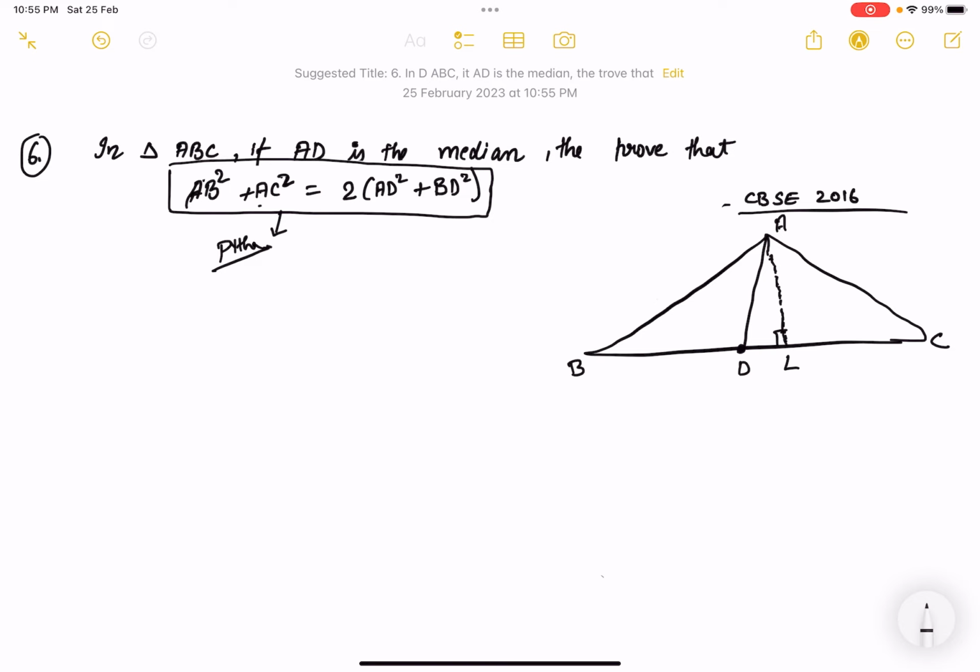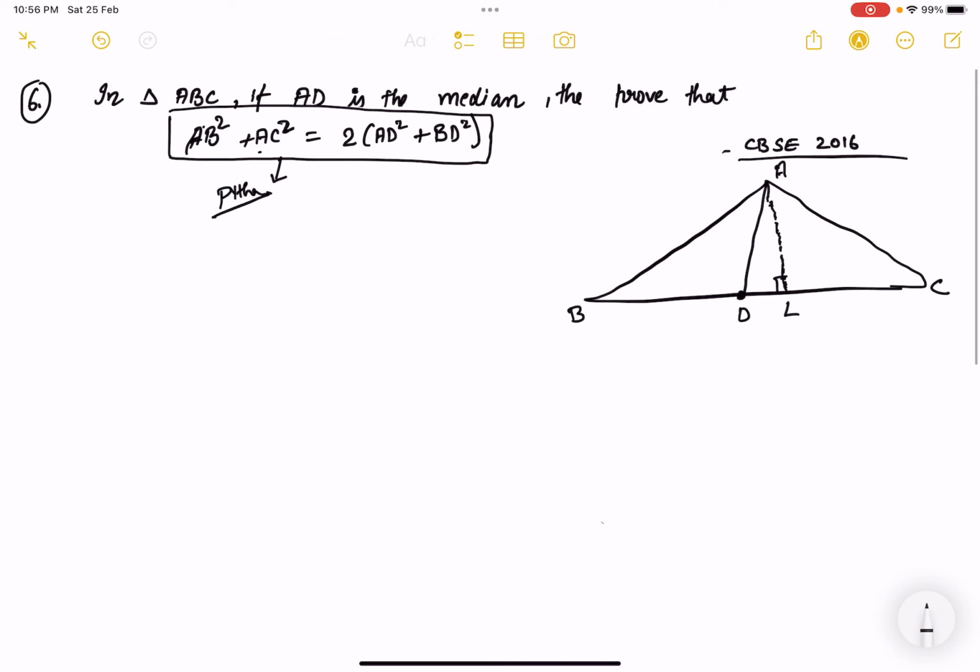Now we have three triangles in which we can apply Pythagoras theorem. So let's take the first triangle, triangle ALB, in which we have AB square is equal to BL square plus AL square.